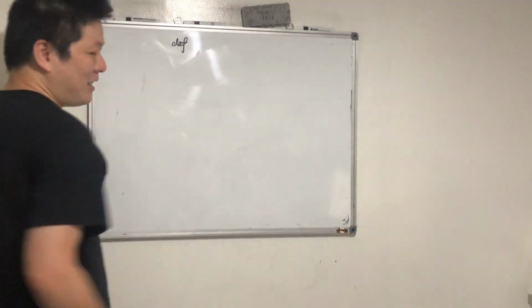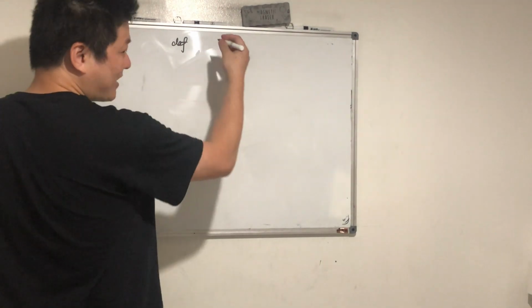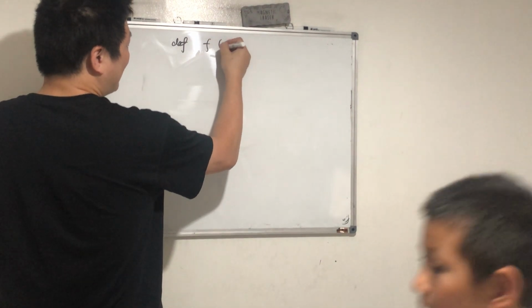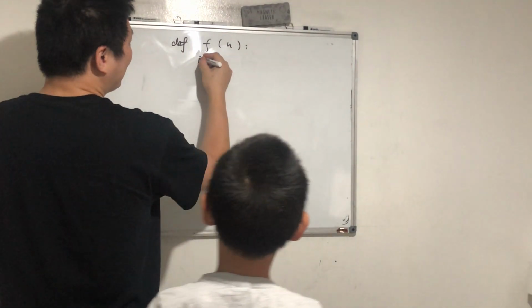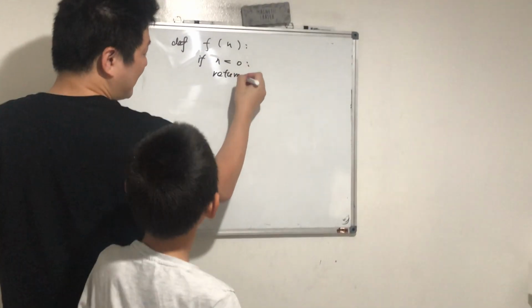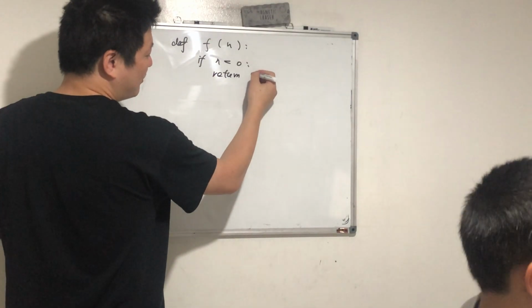Let me just write a recursion. We can check it recursively. Look, f(n). If n is smaller than 0, we return what? Return false, right?